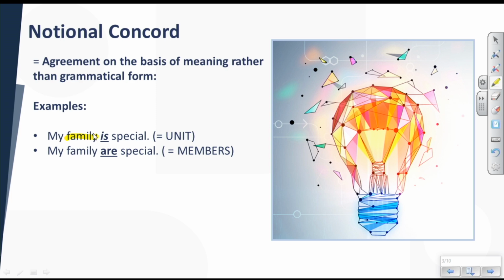And then I'm going to use the verb in the plural form. So when I consider family as a unit, I use the verb in the singular form. And if I think about the members, I'm using the verb in the plural form. So this is the idea of notional concord.